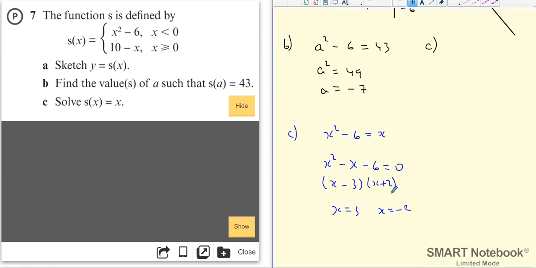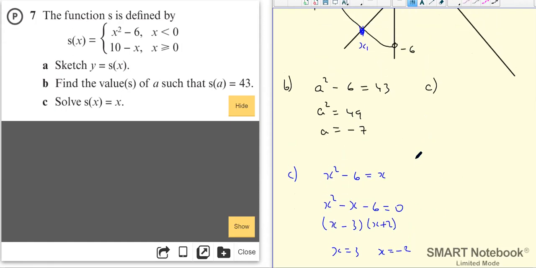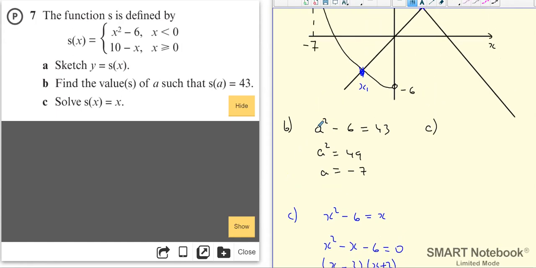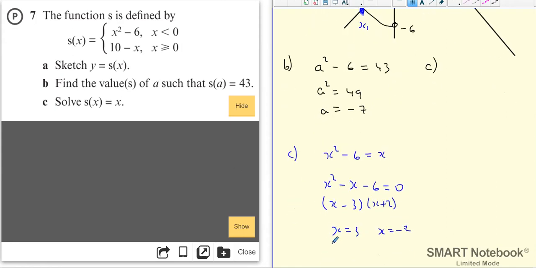Which one of these is the right x value, please? Is it 3 or is it minus 2? And why? More importantly, why? If we think about this, your x value here is negative. It's to the left of 0. So this one's not a solution.